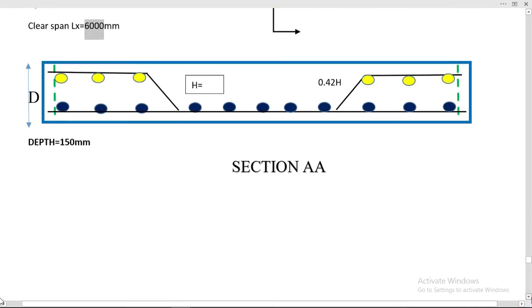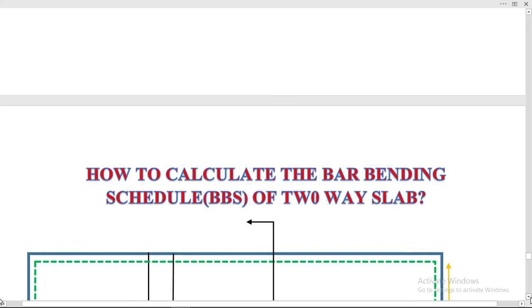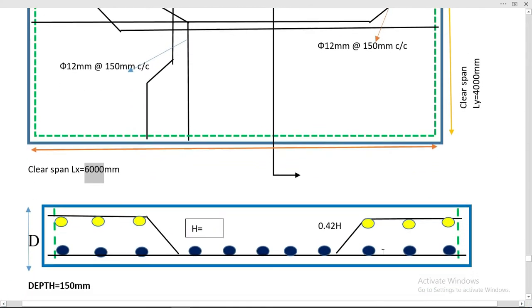Now let's move to calculate the number of main bars, distribution bars, and the top extra bars. Here in the yellow color you can see these are the top extra bars provided after the bends. After the bend of 45 degrees, these top extra bars are provided.